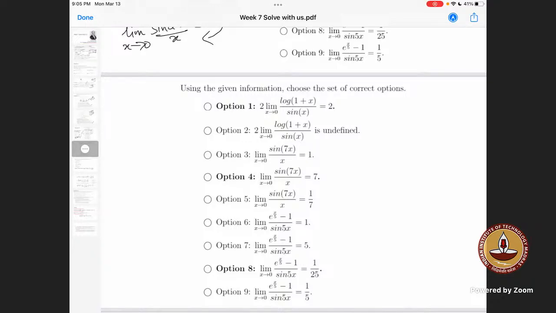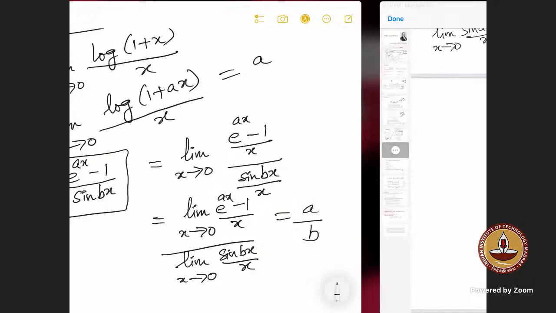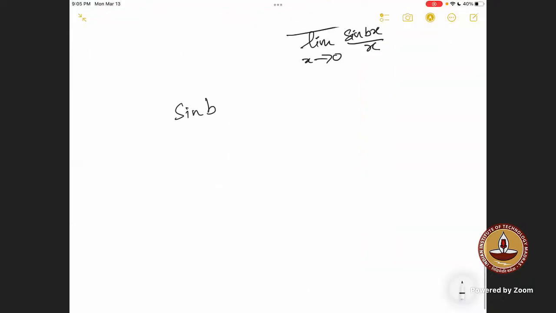Sir, we can say that sin bx by bx is equal to 1, but we can't say that bx by sin bx. Let me write what you are saying. See, the value of this limit, sin bx by x, this is b, right? Is that clear for you?